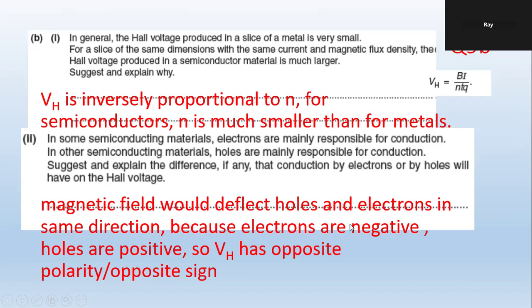Because electrons are negative, holes are positive, VH is of opposite polarity.